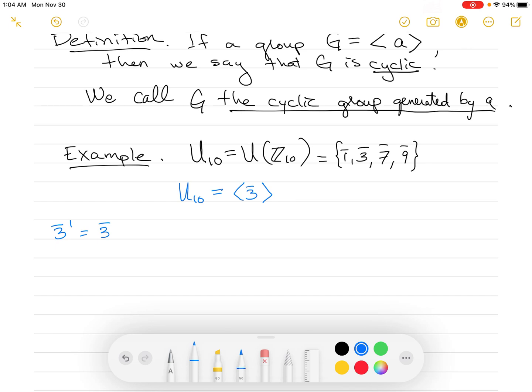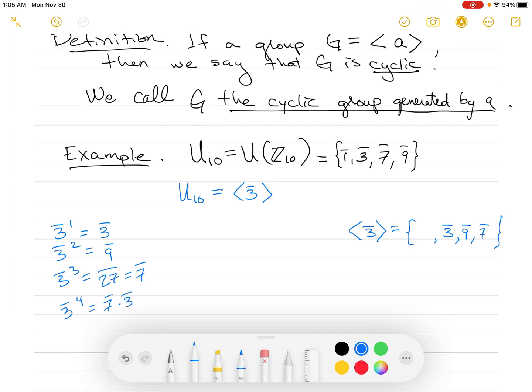So I'm writing 3 bar down here with the angular bracket. One of my elements is 3 bar. 3 bar to the second power is 9 bar. 3 bar to the third power is 27 bar, but reduce that modulo 10, and you're back to 7 bar.